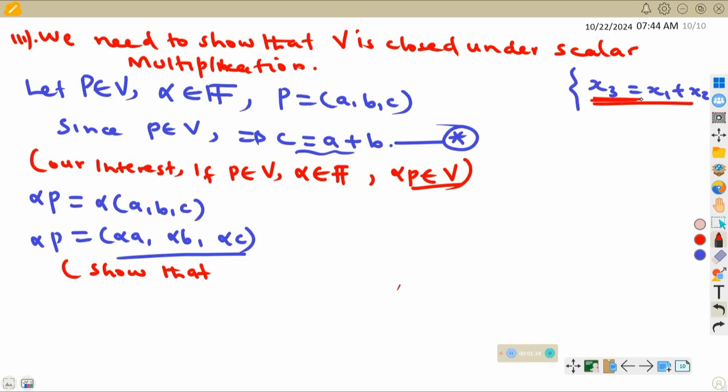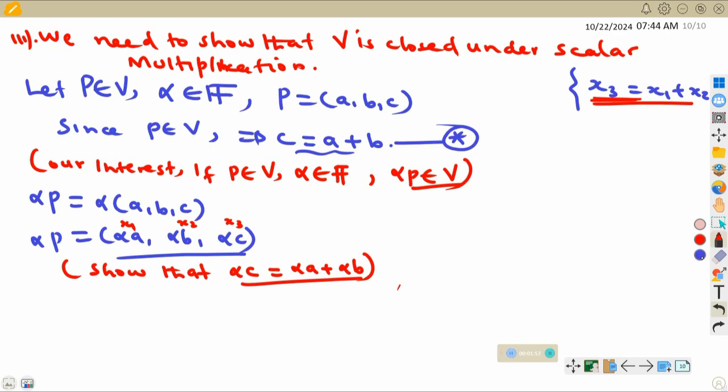Here, alpha A is your x1, alpha B is your x2, and alpha C is your x3. So in other words, you need to show that alpha C is the same as alpha A plus alpha B. This is what you are interested in.